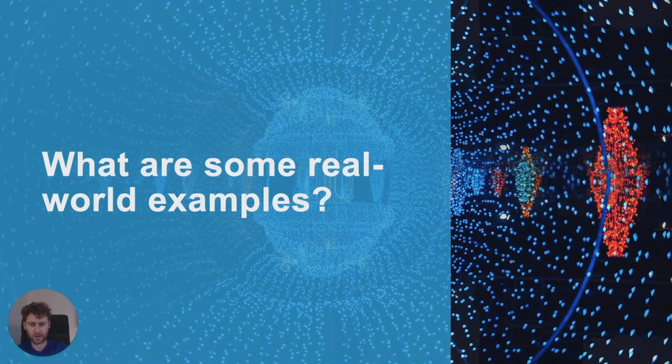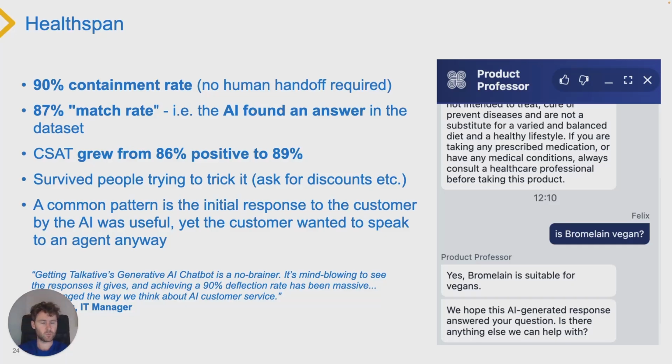So what are some real world examples? One of the retailers using the Talkative platform is in the UK, but sells internationally. And they've seen for product queries a quite astounding 90% containment rate. For general inquiries, it is lower than that.